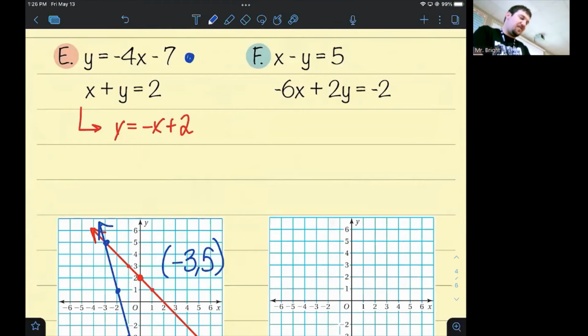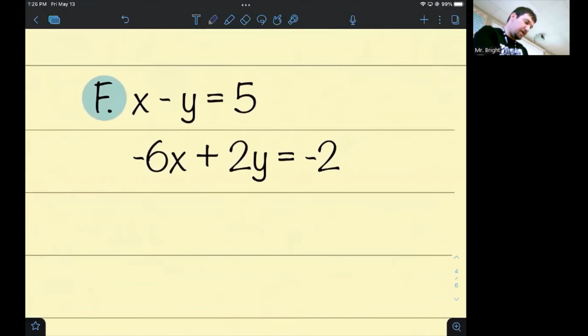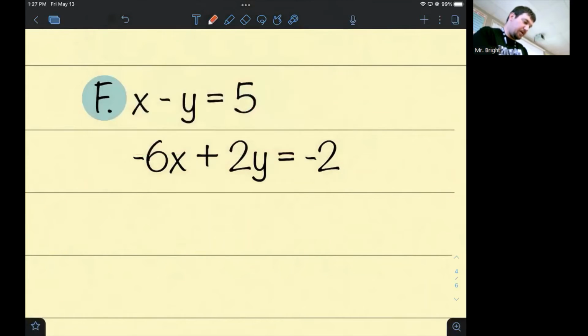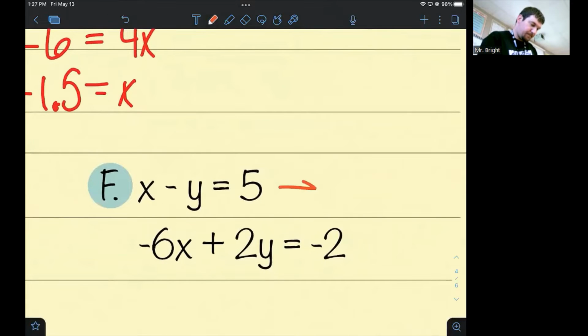All right, next one. X minus y equals 5 and -6x plus 2y equals -2. Maddox, which one do you want to do? Top one, convert it to slope-intercept form for me. We'll do it in this weird orange color here. Okay, so.